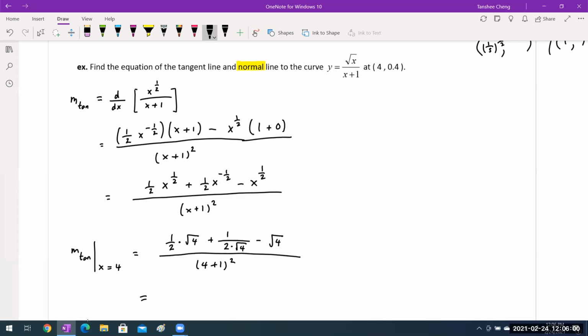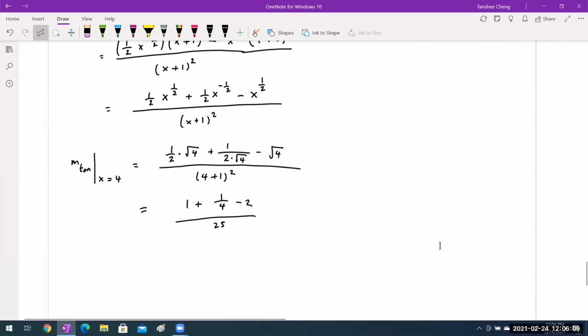So this gives us 1 plus 1 over 4 minus 2 all over 25. Simplifying a little bit more, I can multiply both numerator and denominator by 4, so it will be 4 plus 1 plus 8 minus 8 over 100, which you can do on a calculator in one step, which is negative 3 over 100. That is the slope of the tangent line.